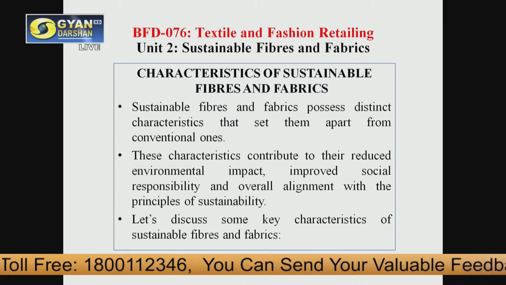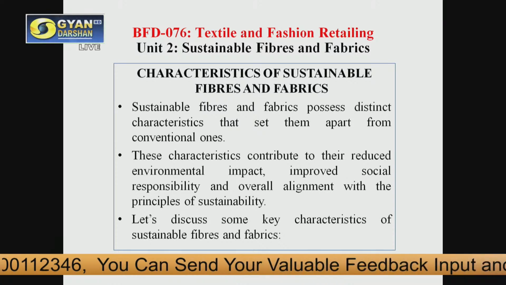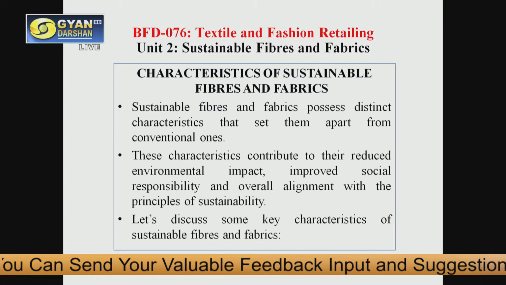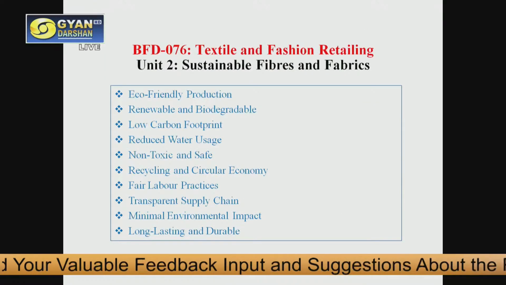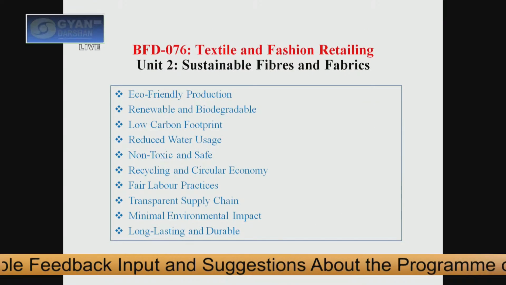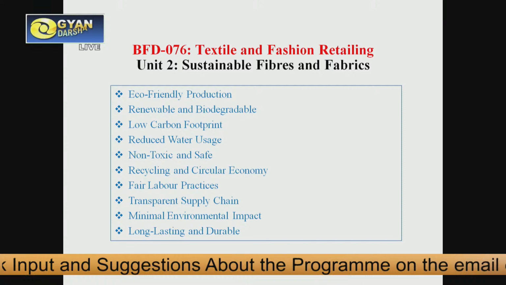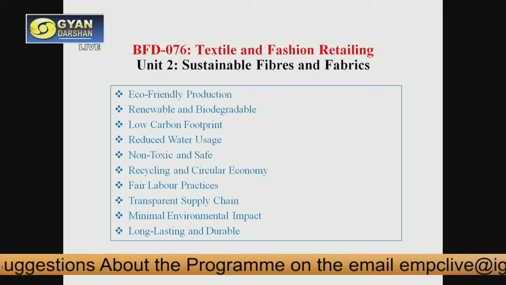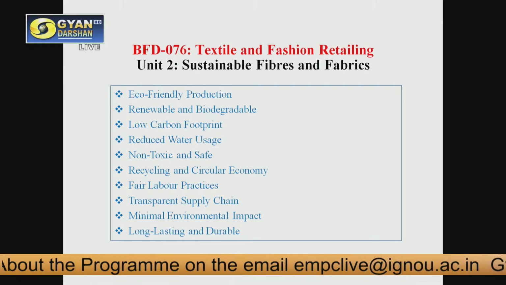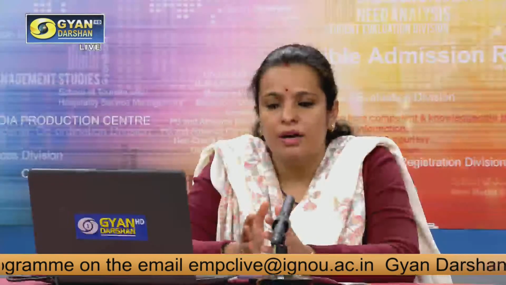So now let us discuss some of the key characteristics. The first characteristic is eco-friendly production. As we discussed, there is less use of water, energy and different resources, so it becomes eco-friendly production.